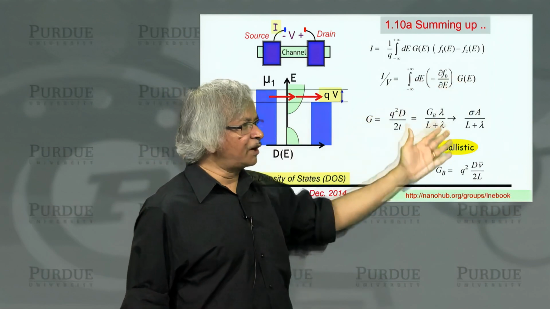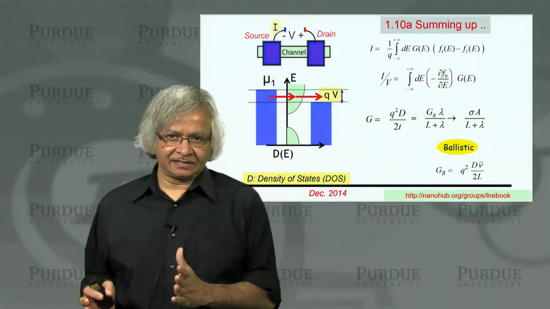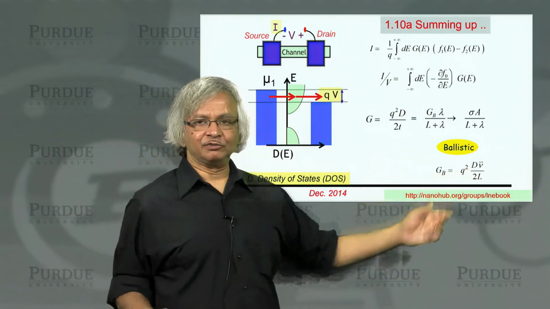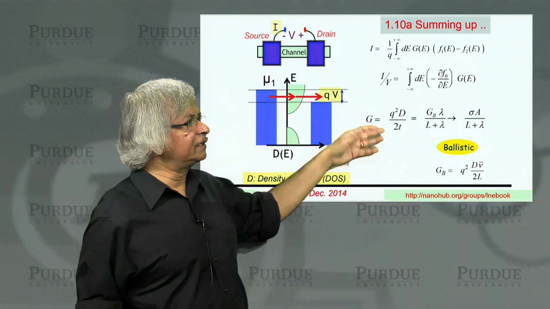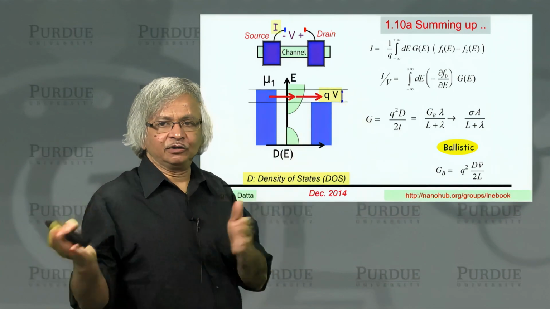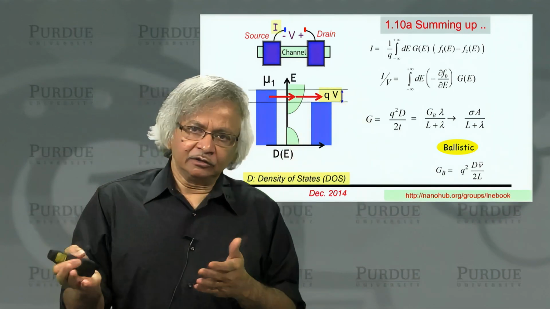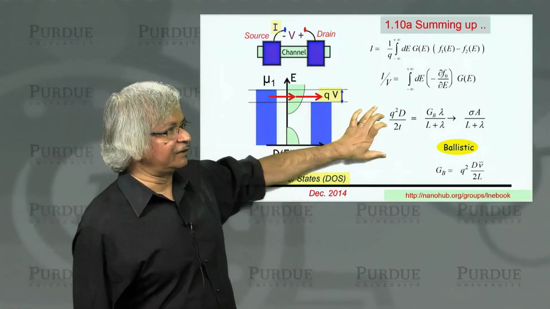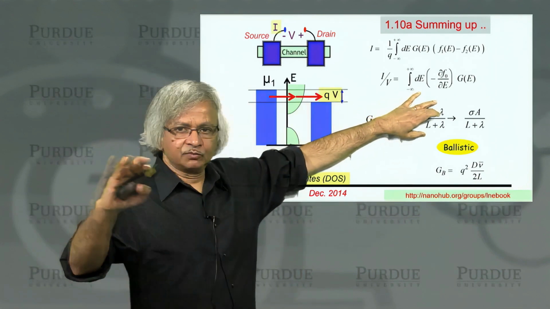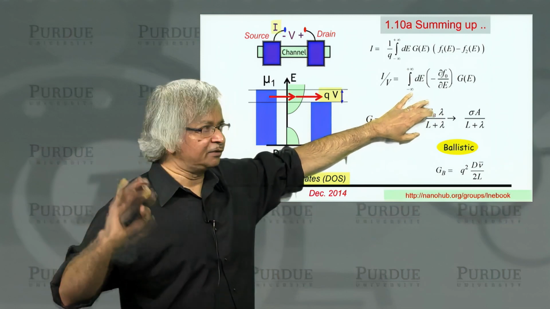So this point of view then connects this ballistic conductance, which is what you normally learn in a course on mesoscopic physics, with the diffusive limit, which is what you learn in a normal course on devices or on solid-state physics. You see, it smoothly interpolates from one limit to the other.